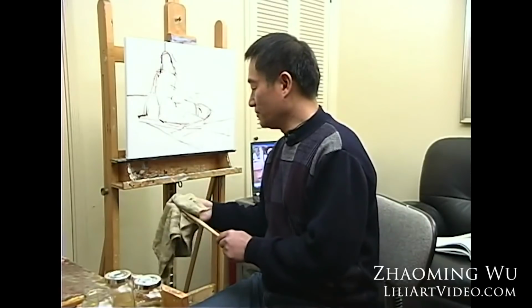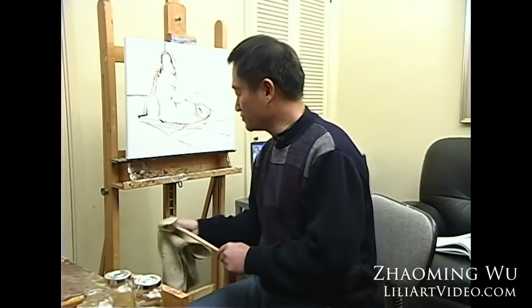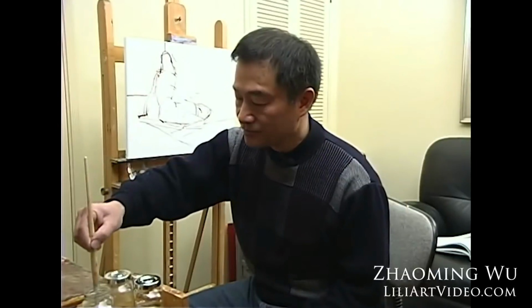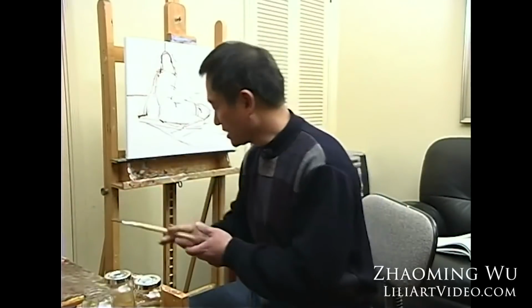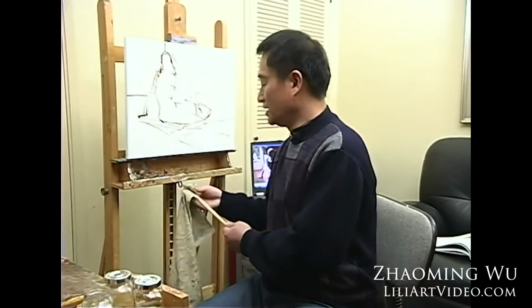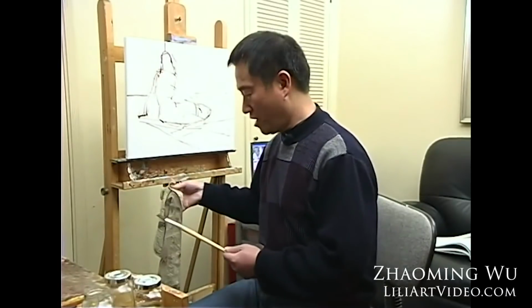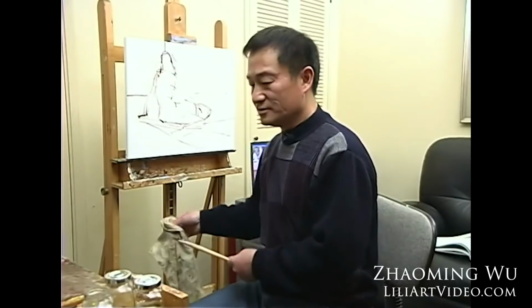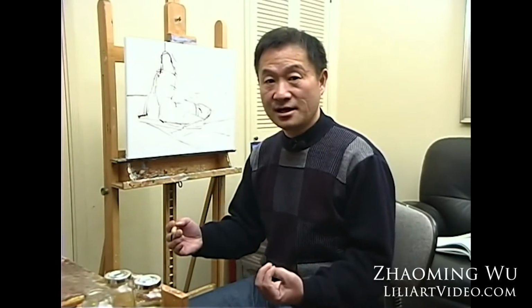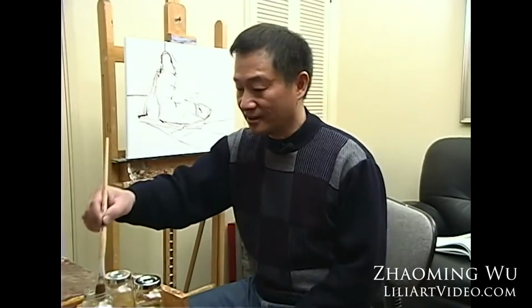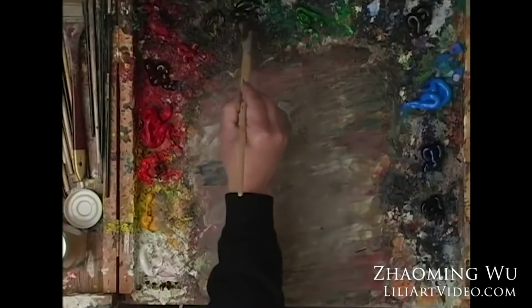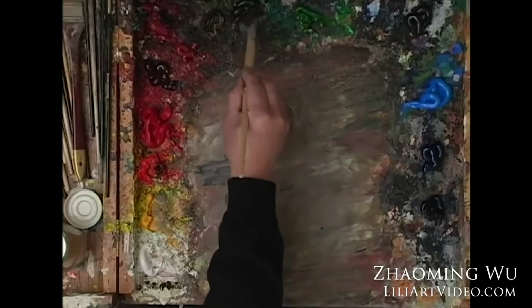Using earth tone, sometimes burnt umber, sometimes Van Dyke brown. Van Dyke brown is darker than burnt umber, but much more transparent. I love that color. That's Van Dyke brown.